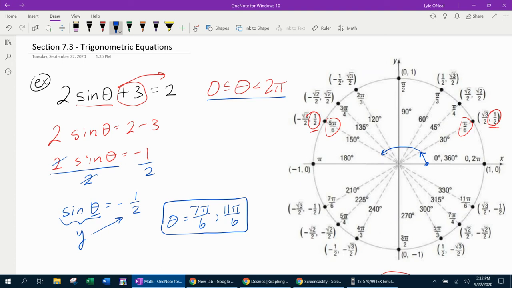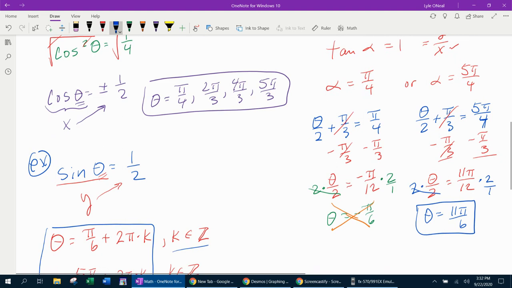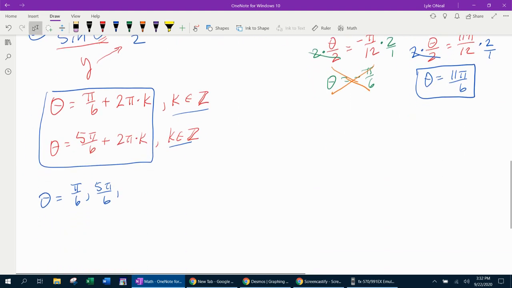And then 5 pi over 6 is the next solution, okay? So then the next solution would be pi over 6 plus 2 pi. The next one would be the next angle plus 2 pi.